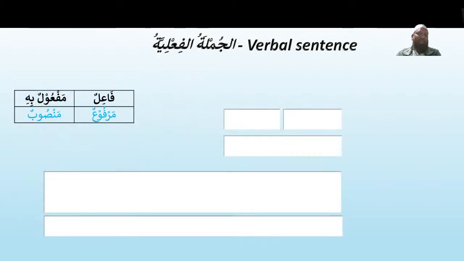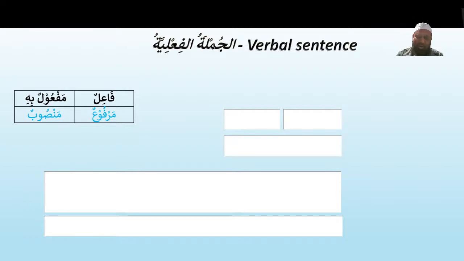Okay, let's do some examples. First of all, remember the fa'il is always marfu and maf'ulun bihi is always mansub. Okay, so you can see we have only 2 boxes, so that means we're not going to have the fa'il as ism zahir. There'll be no noun as the fa'il in this sentence.